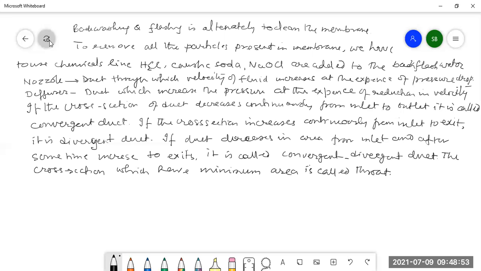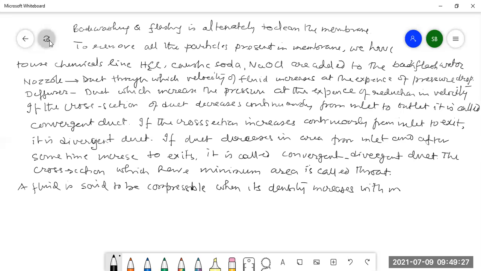A fluid is said to be compressible when its density increases with an increase in pressure or temperature.